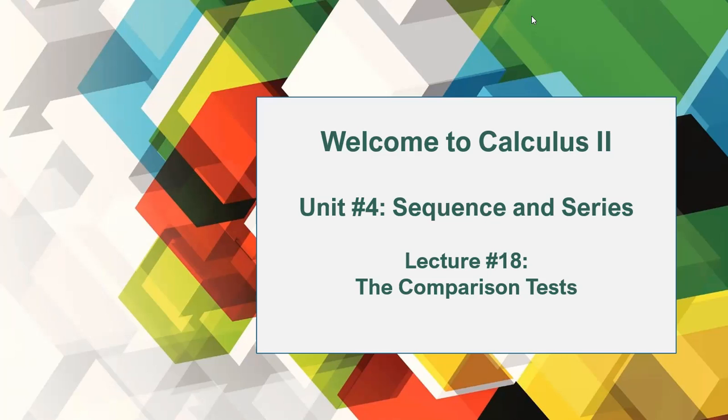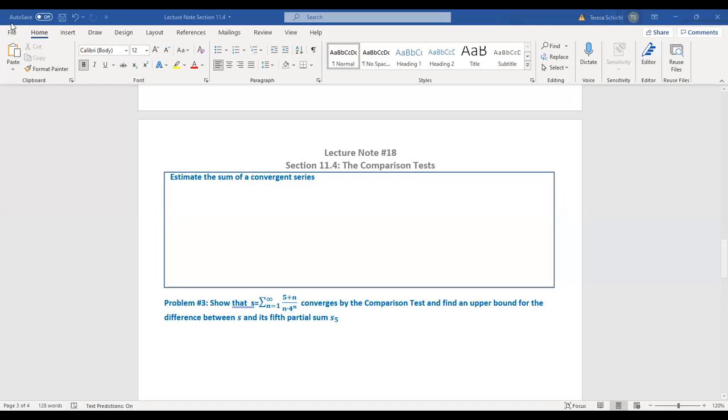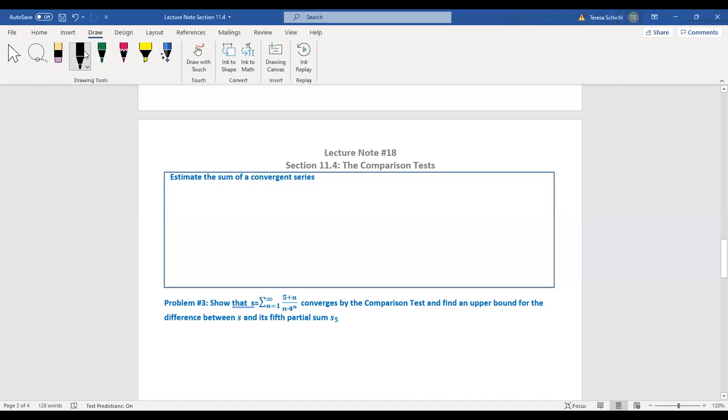Okay, so let's go ahead to our lecture notes. We want to estimate the sum of a convergent series if we're doing it by the comparison test.